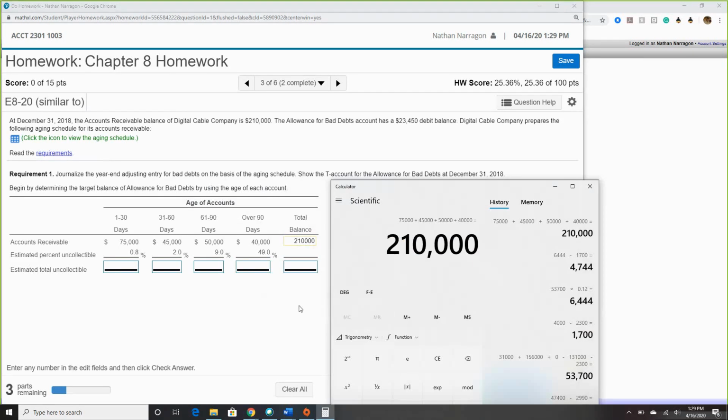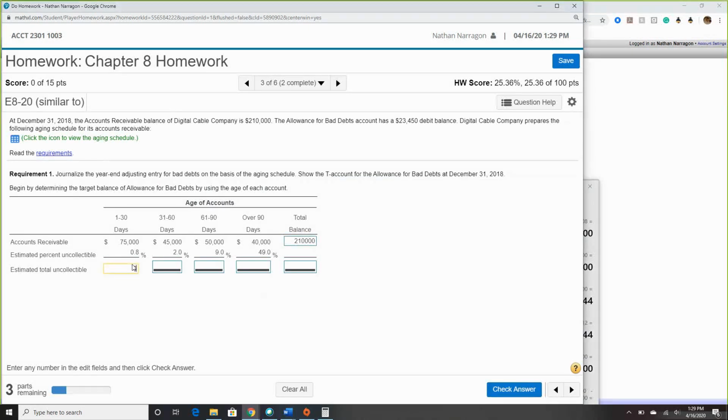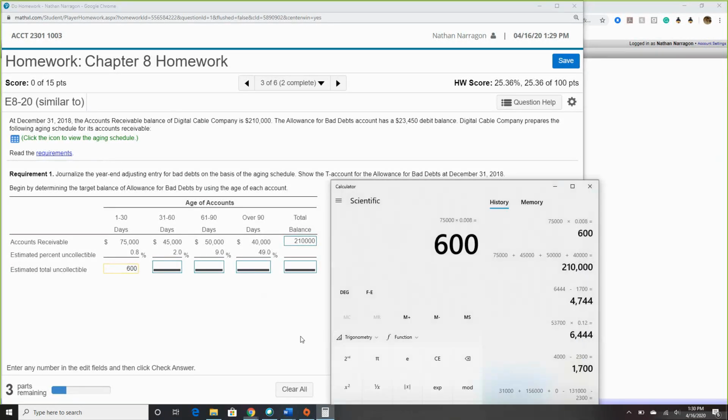So 75,000 times 0.008. So that's 0.8%. Okay, this one's going to be 600. 31 through 60, we have 45,000 times 0.02, 900.